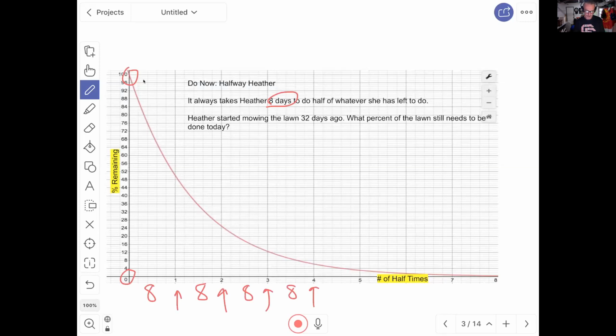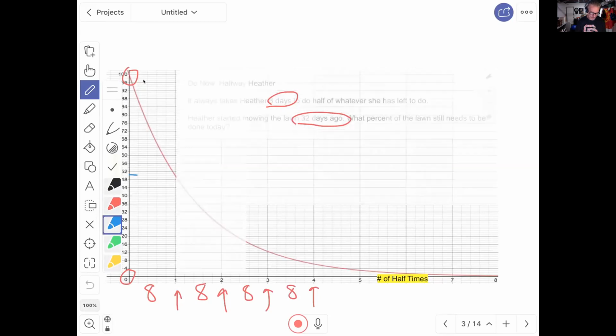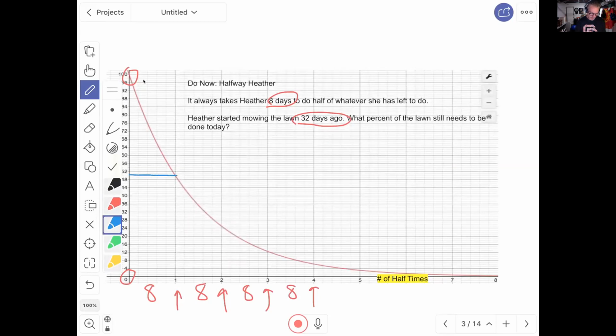Now, she started mowing the lawn 32 days ago. It's 8 days to do half the lawn. So let's see where this is. Oh, yeah, it must be because 50% represents 1 half time, right?